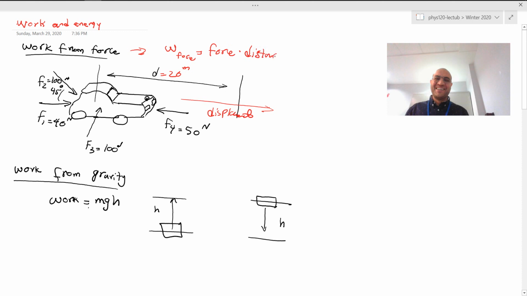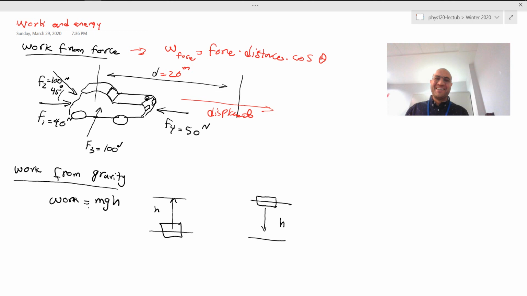But this is not completely clear for force F2, because it has an angle. So it's force times distance times cosine of theta. You already know how to calculate cosine, and you have it in your calculator.